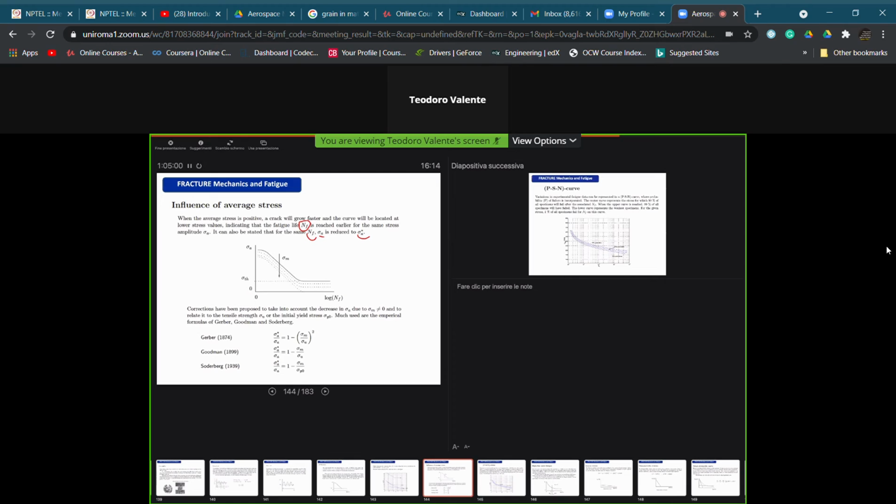And this reduction has been modeled with the Gerber, Goodman, or Soderberg equations.